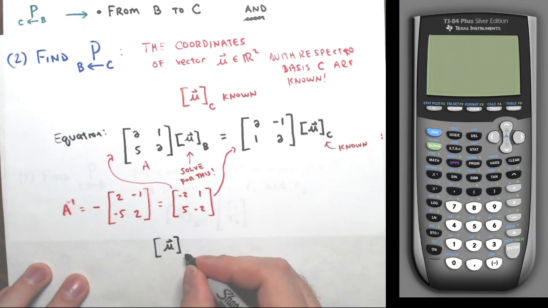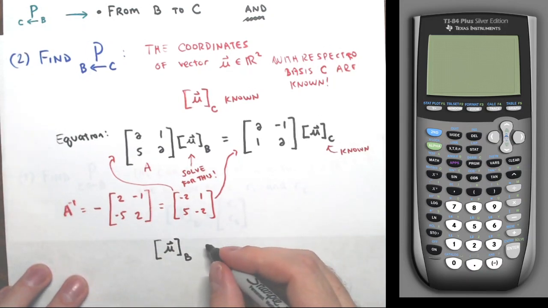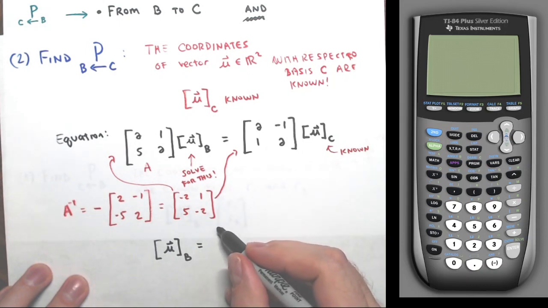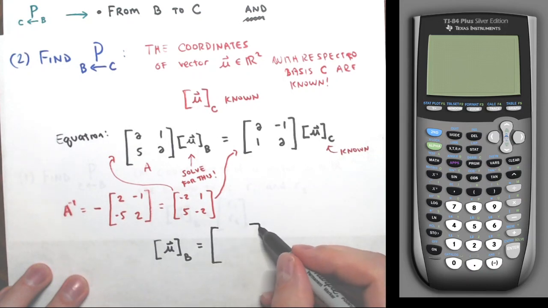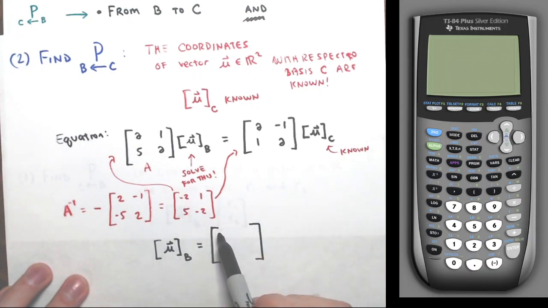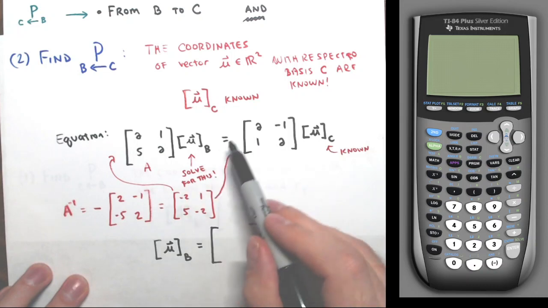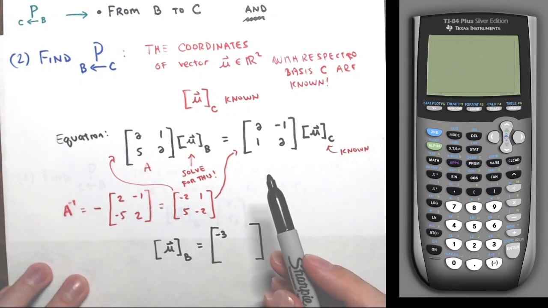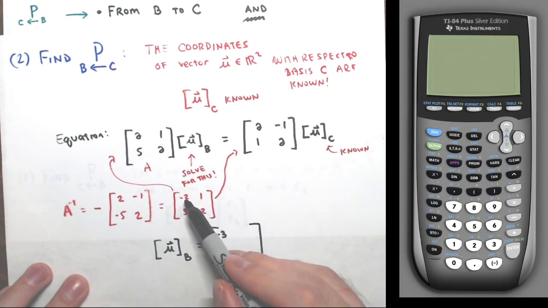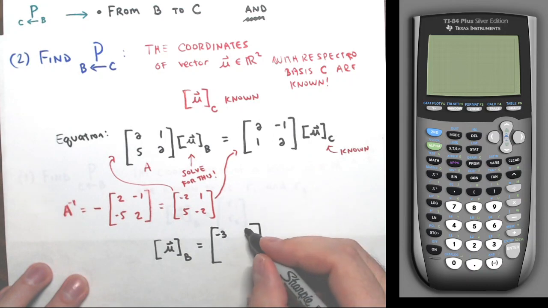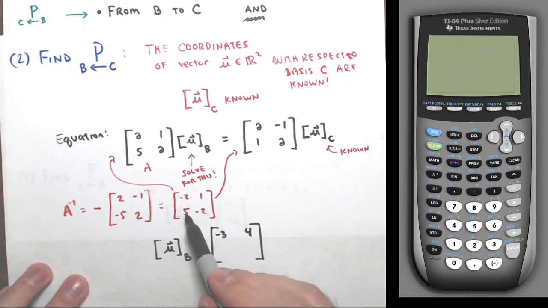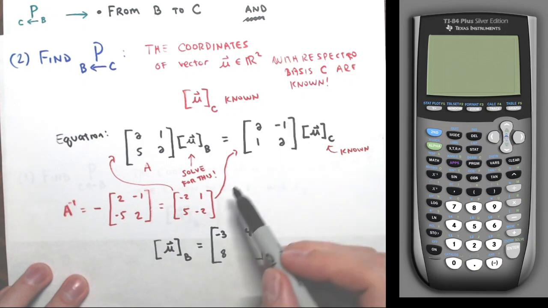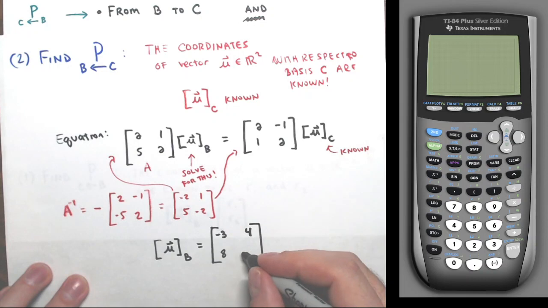the coordinate vector with respect to basis B equals, now if I multiply this by this, I'll get a 2 by 2 matrix. So you'd have first row, first column, negative 2 times 2, so negative 4 plus 1, negative 3, and then first row, second column, 2 plus 2 is 4, then 10 minus 2 is 8, and then negative 5 minus 4, negative 9.